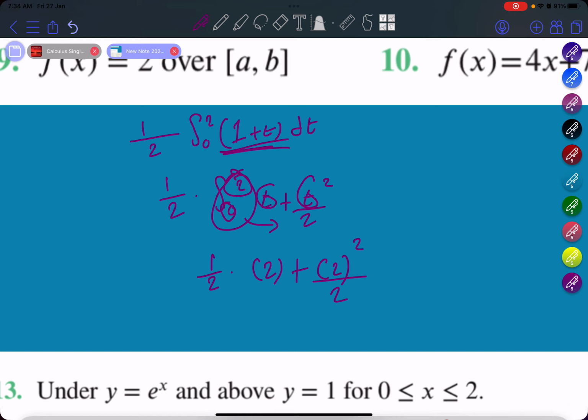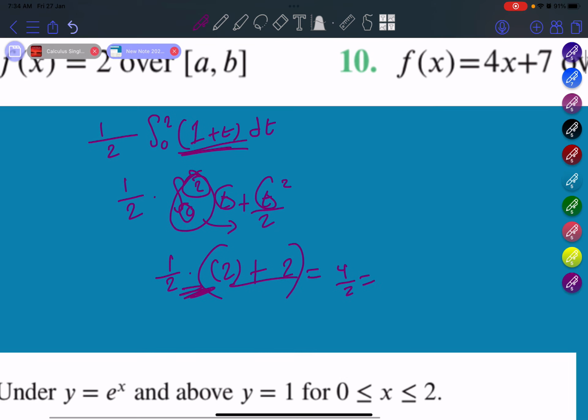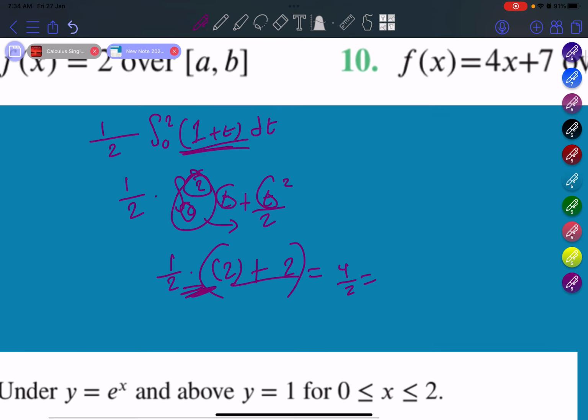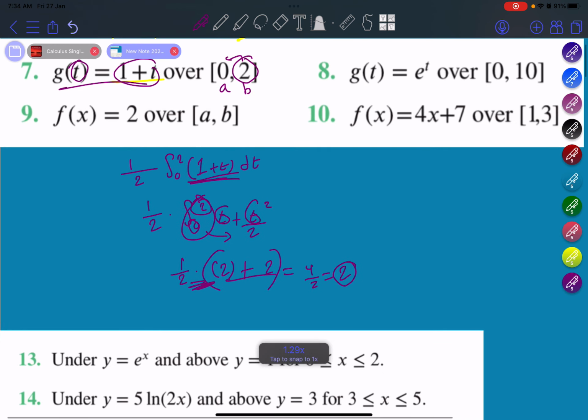So 2 power 2 will be 4. 4 over 2 will be 2. 2 plus 2 will be 4, and divided by 2. You'll ask why didn't you do multiplication first, because there should be parentheses around this. 4 divided by 2 will be 2. So this is our answer, which is 2.